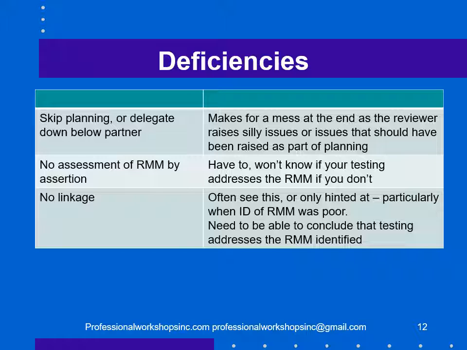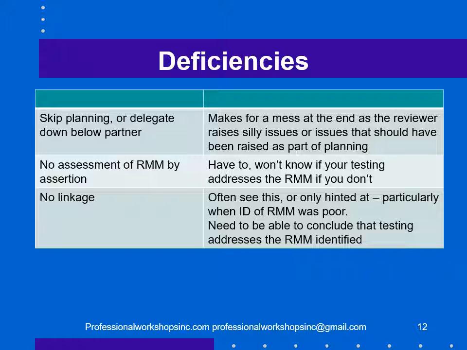Some deficiencies I see: people skip planning or delegate it down below the partner to the most junior person on the staff. Well, that just makes for a mess at the end because the reviewer will raise possibly silly issues, or issues that should have been raised as part of planning. No assessment of risk of material misstatement by assertion.